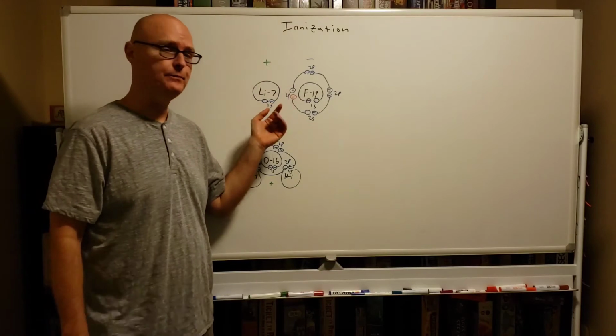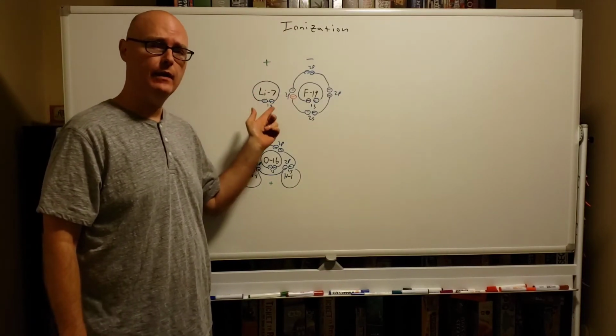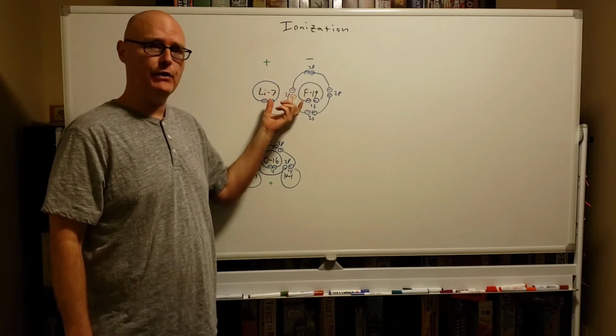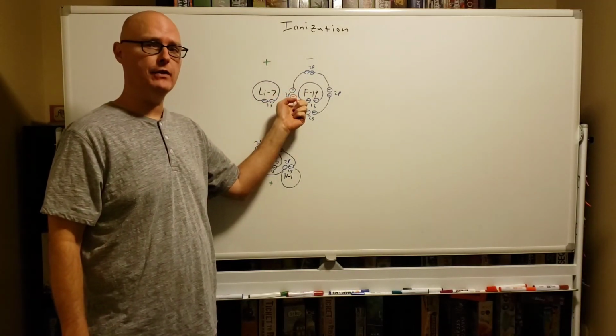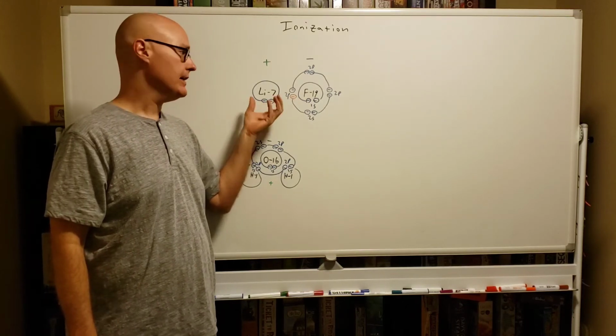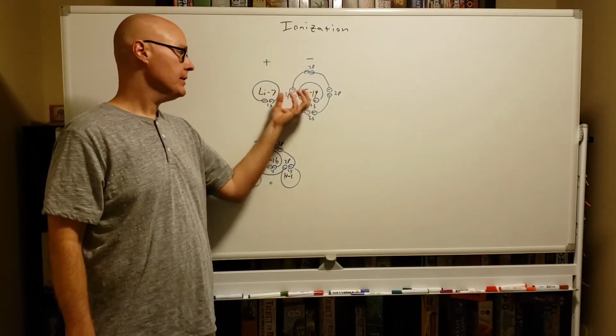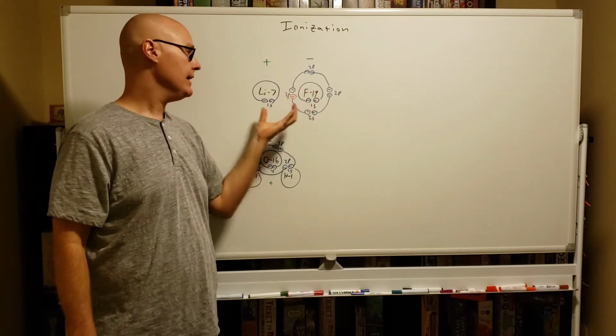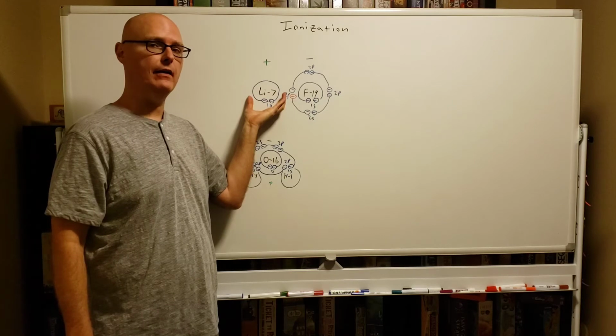Let's try this example. Let's say I had a lithium and a fluorine that I put together. The ionization occurs when the fluorine atom steals the electron from the lithium. It does require some energy. That happens. Now I have a negative fluorine ion and a positive lithium ion.